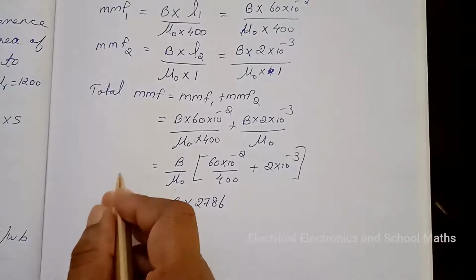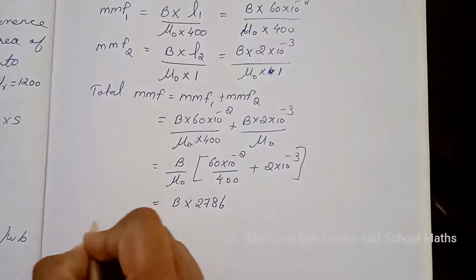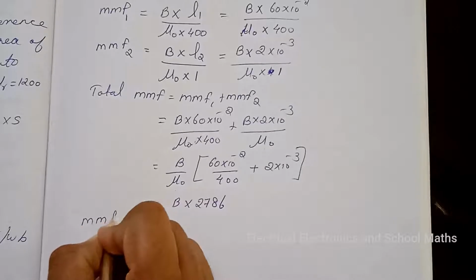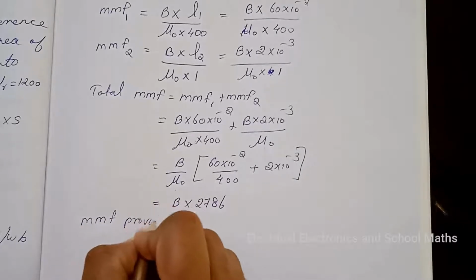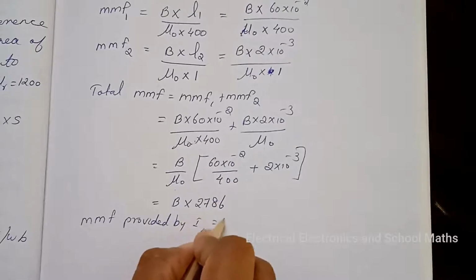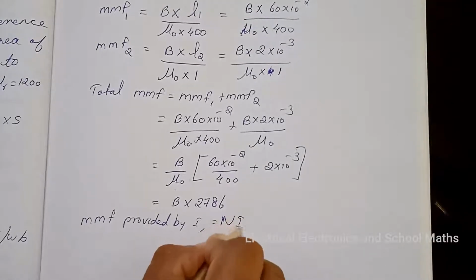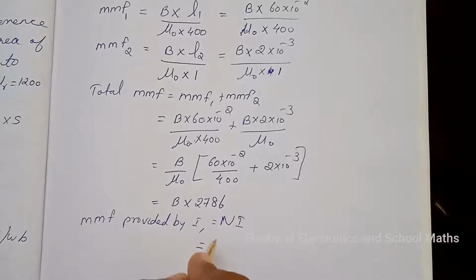And we are given the current flowing. So the mmf provided by the current is given as N into I, that is N is given 300 into current is 1.5.